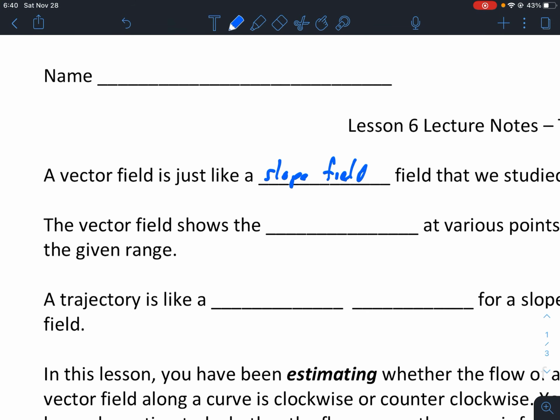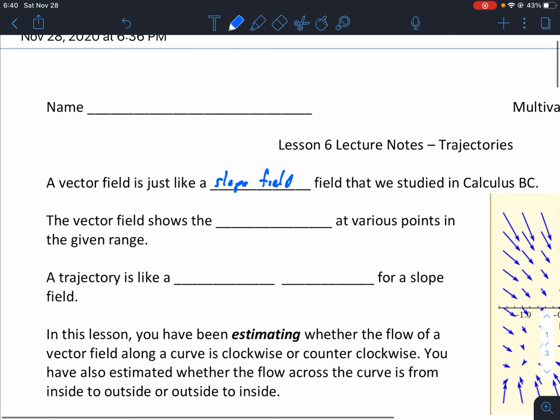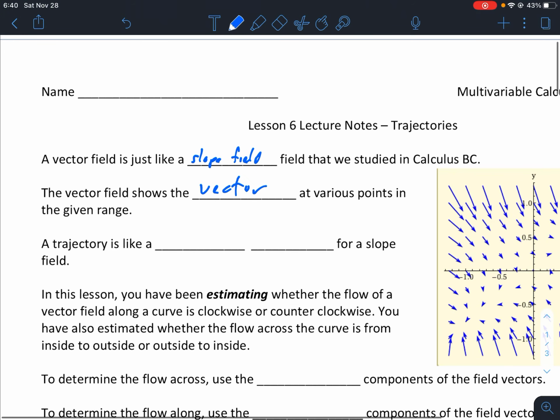The vector field shows, no surprise, the vector at various points in a given range. A trajectory in our vector field is what you learned last year, like a solution curve in a slope field.